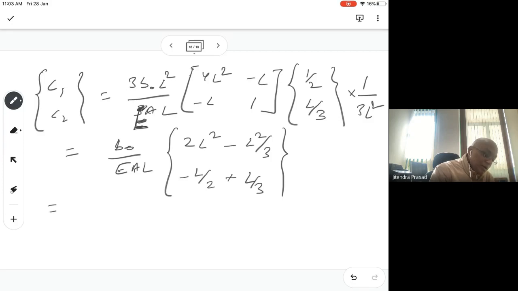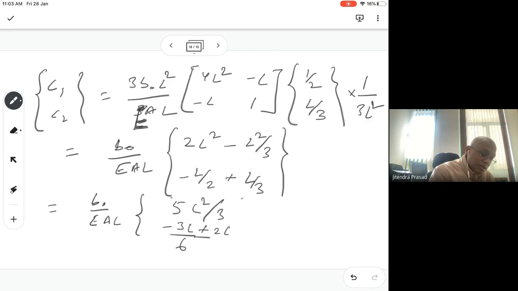It is equal to B naught over EAL, and we get 6 minus 1, 5 L square over 3, and here you get minus, so we get 6 minus 3L plus 2L.